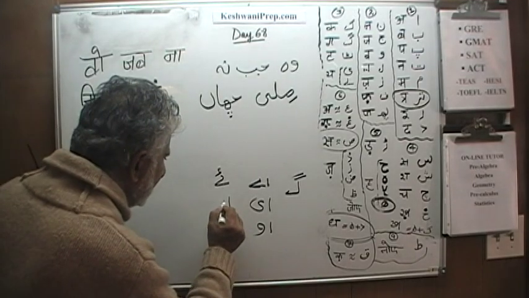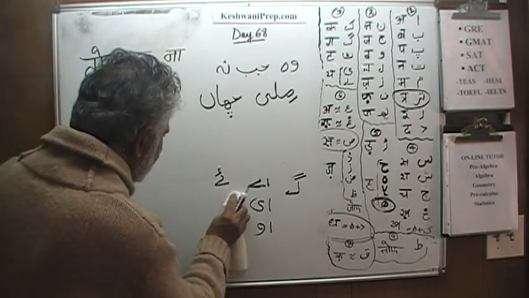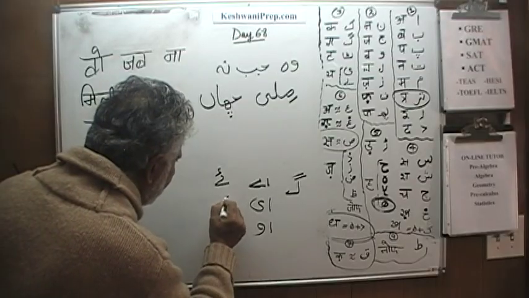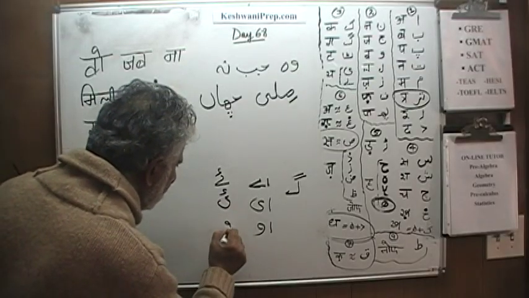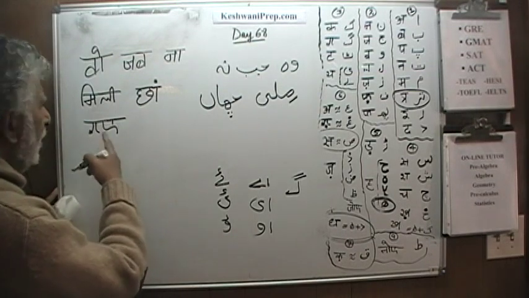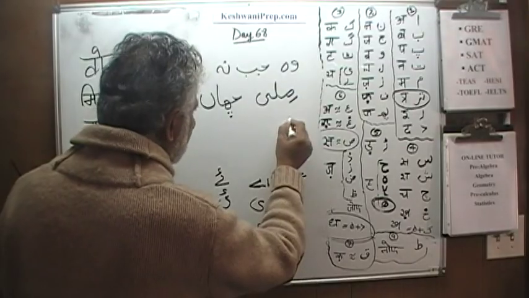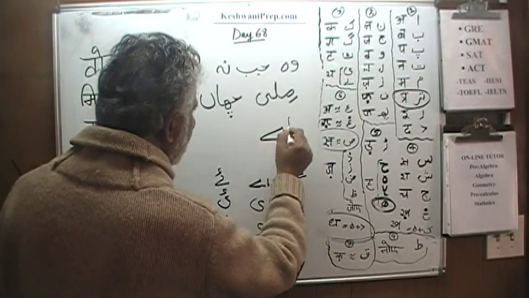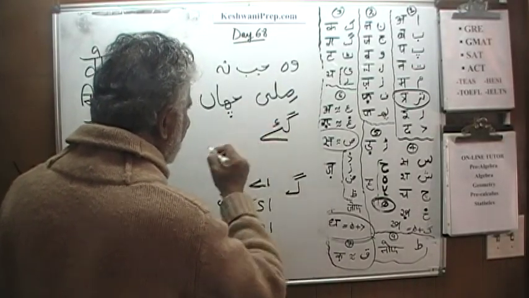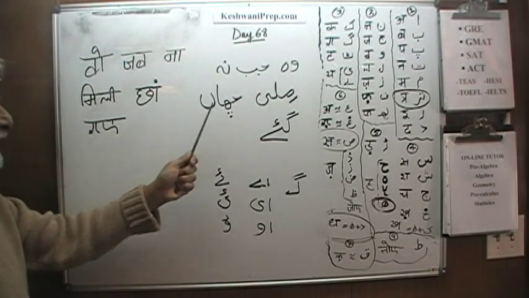This is e. This is e again, and this is o. There we go. Wo jab na mili chhaa gaye. So here's a ga, to which we're going to combine badi a and we put a hamza on top of it. That reads gaye. That's this word right here. Wo jab na mili chhaa gaye.